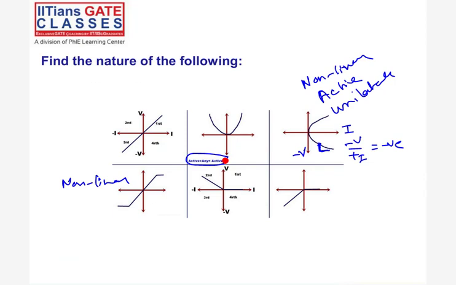And this is non-linear because it doesn't have only one equation. After this, the equation changes. So this is non-linear, and this is passive. Passive and bilateral.